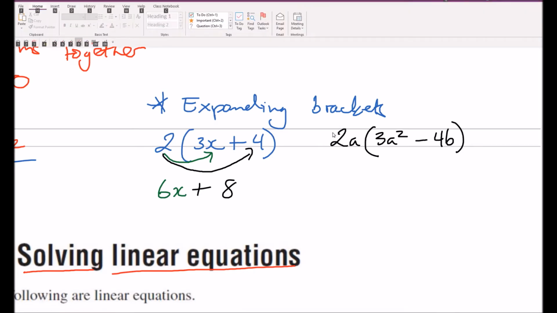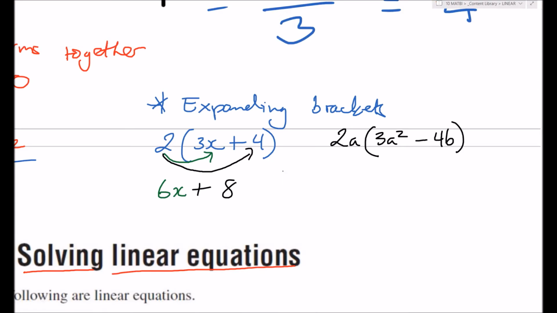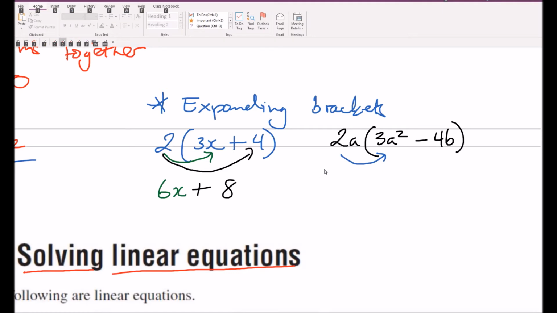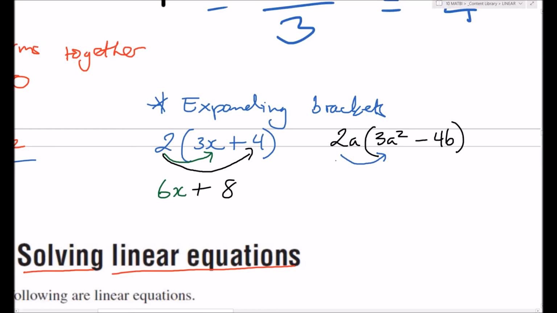That's another thing that you will have to remember from the previous chapters, 1a and 1b. So in this scenario, the 2a multiplies the 3a squared, and then 2a is multiplied by negative 4b.